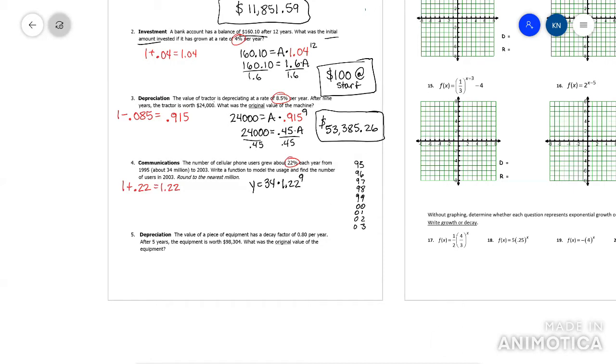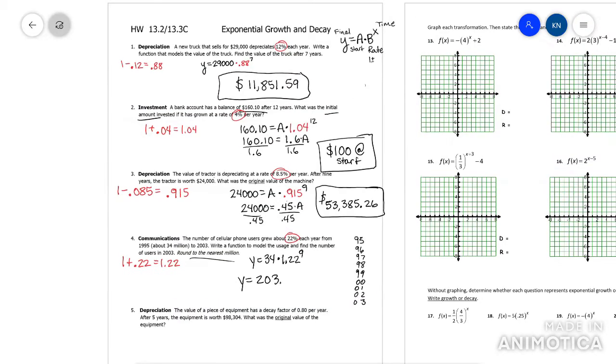Now you got to just punch this in the calculator. 34 times 1.22 to the power of 9 is 203.57. But remember, we're in terms of a million. And they want us to round to the nearest million. So we'll just call it 203 million. So that's how many after 9 years there.